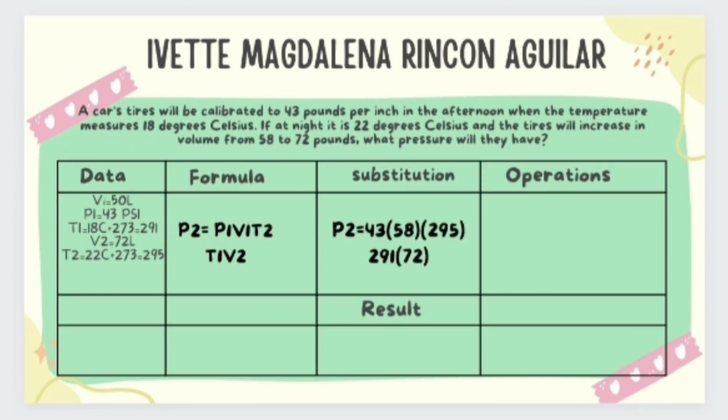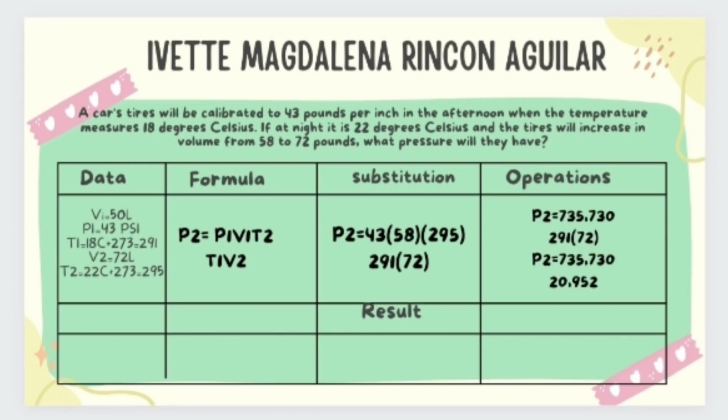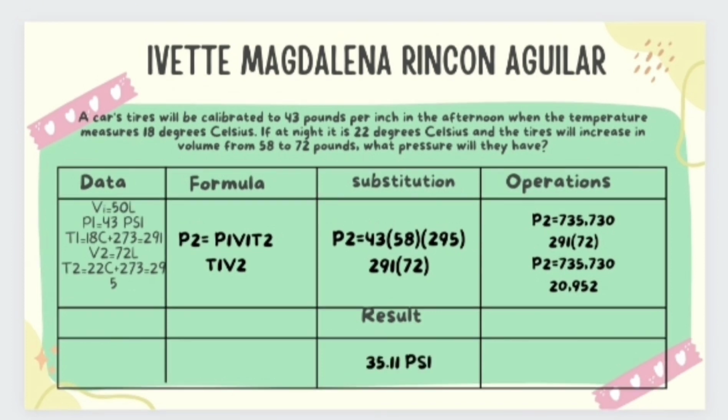We replace the data in the formula, leaving pressure equal to 43 times 58 times 295 divided by 291 times 72. 735,730 out of 20,952, and the end result will be 33.11 pounds per inch.